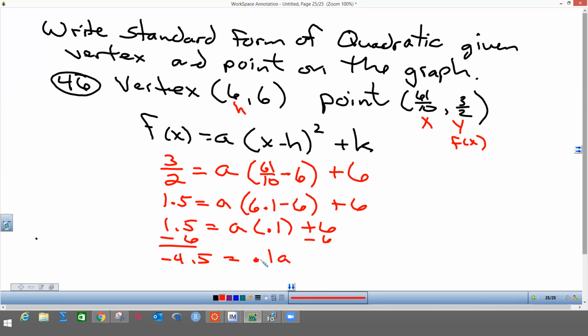coefficient of the a. And then I think I'm going to change this back to a fraction by putting it 1/10, because I hope we all know that you can multiply this by 10 over 1, and these reduce to 1s. So if I multiply this by 10 over 1, it's just 10. So I get a is going to equal negative 45. That's a huge number.